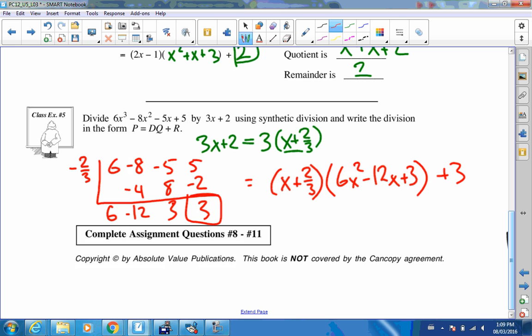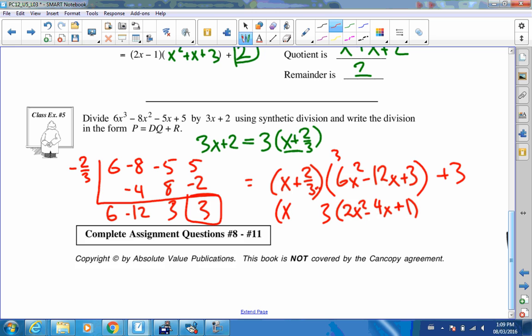I now take out my common factor, or basically the denominator I'm trying to get rid of. So I take out 3. This is going to be 3 times 2x squared minus 4x plus 1. I believe that's moderately correct.